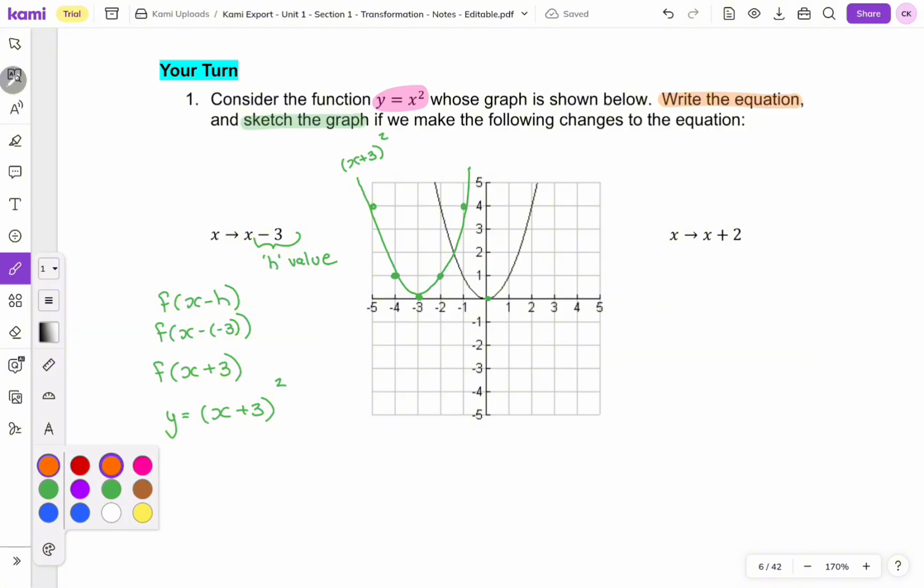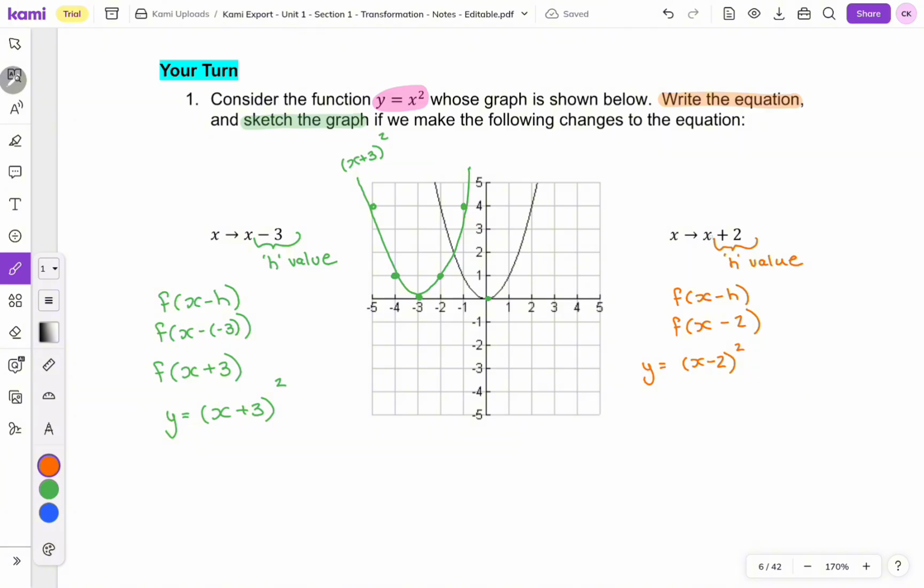All right, so this other one, again, this here is my h value. So if I go f of x minus h, that's my translation function. I'm going to replace h with my value, which is +2. And again, they gave us a specific function. So it's going to be y equals x minus 2 squared.